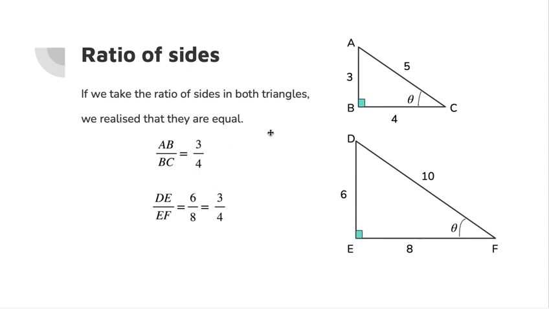So if we take the ratio of the sides in both triangles, say I take the ratio of these two sides, 3/4 in the smaller triangle, when I form the ratio of the corresponding sides, 6/8, it will give me the same ratio.